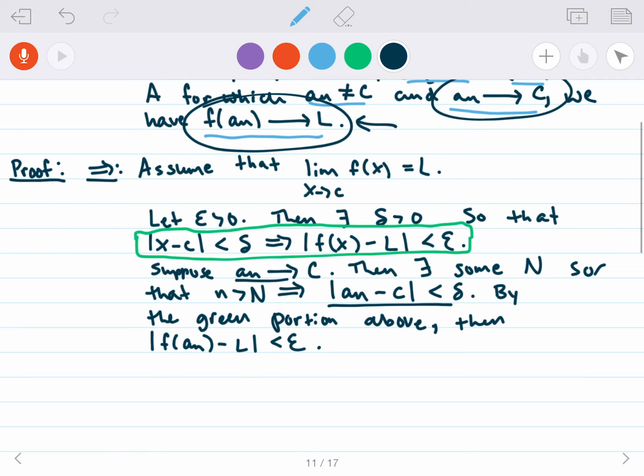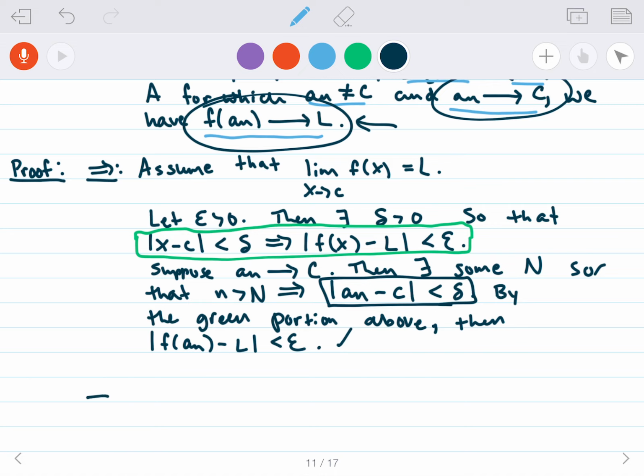We know that a sub n is bigger than c, so there's some capital N so that this guy is in the delta neighborhood. And then by the green portion, this implies that this is going to be in the epsilon neighborhood. Okay, so we have one direction.